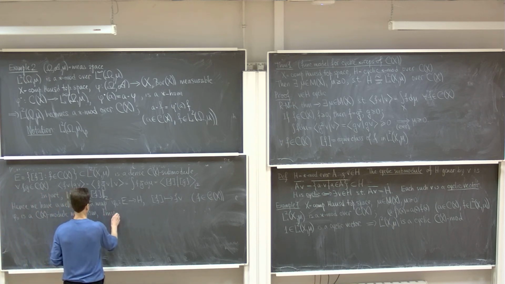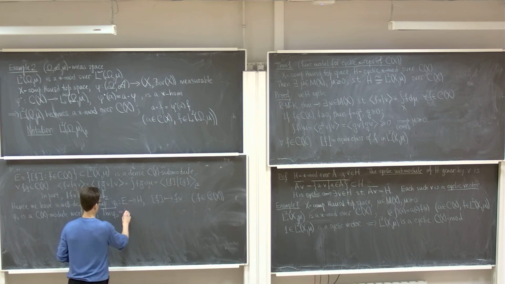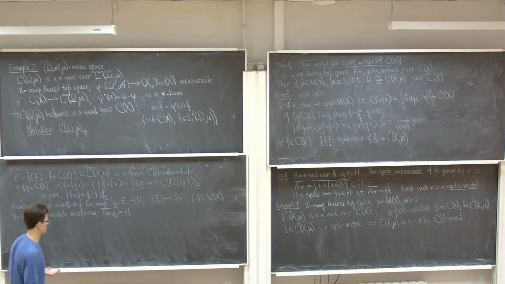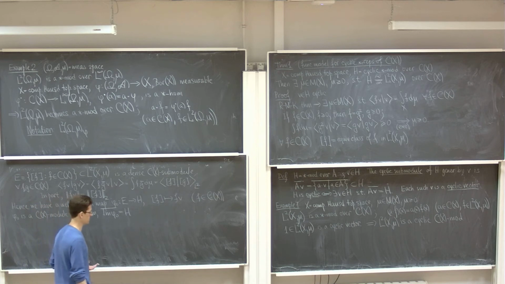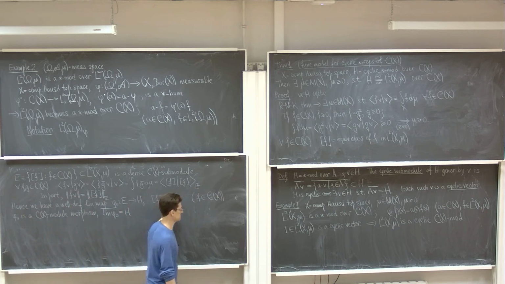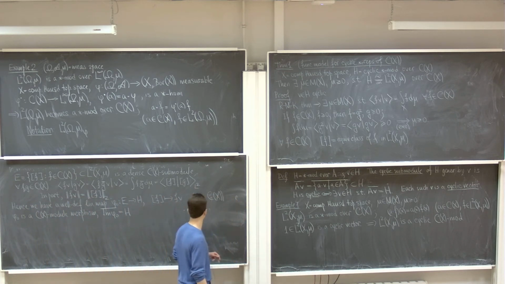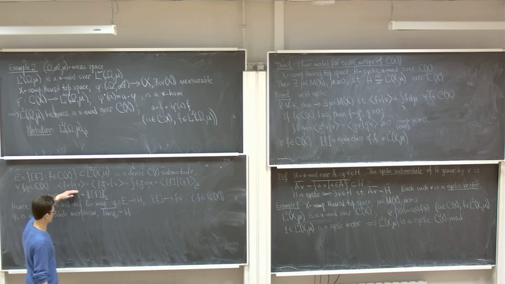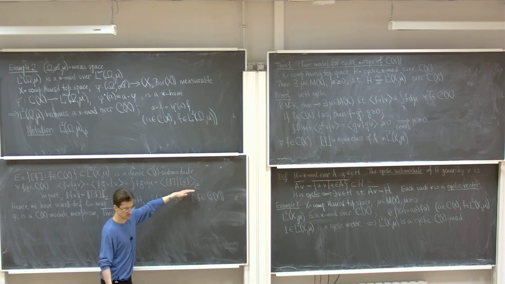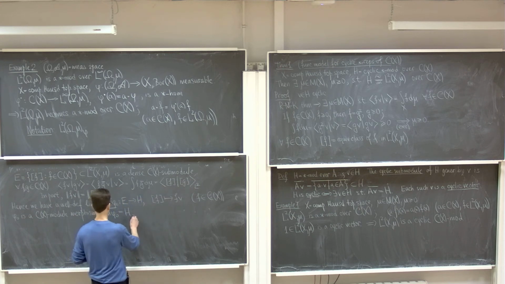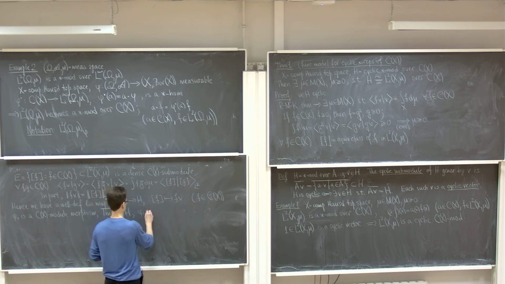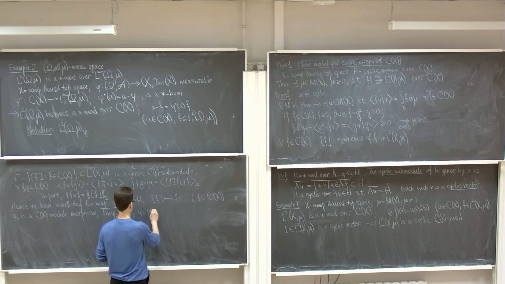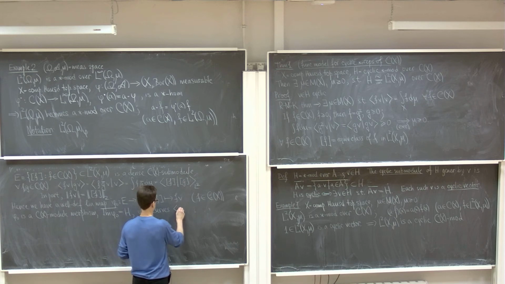The image of phi 0 is dense in H because the closure of the image is exactly the cyclic submodule generated by V, but we assume that V is a cyclic vector. So the image is dense. And if we look at this formula again, we see that phi 0 preserves the inner product. In particular, it is isometric.